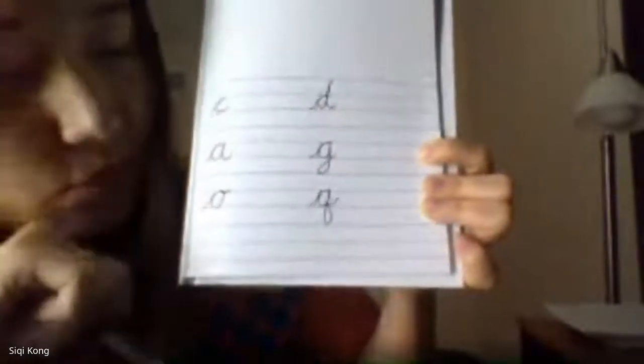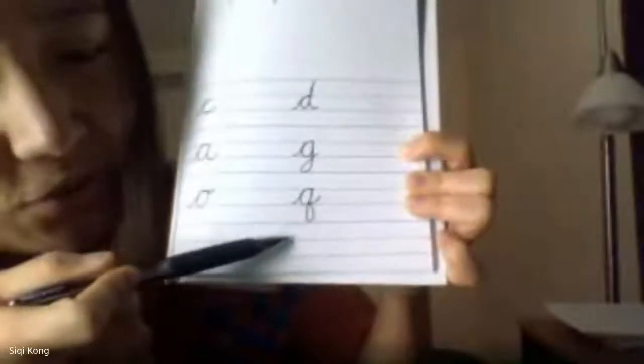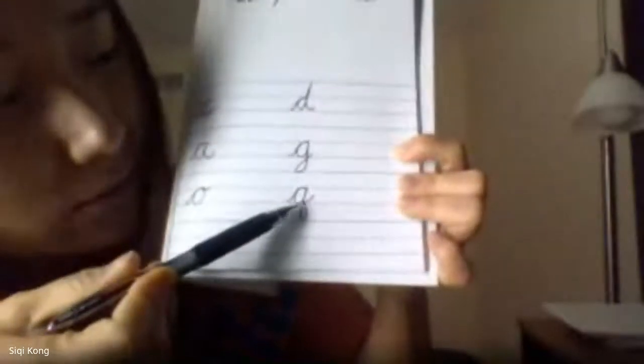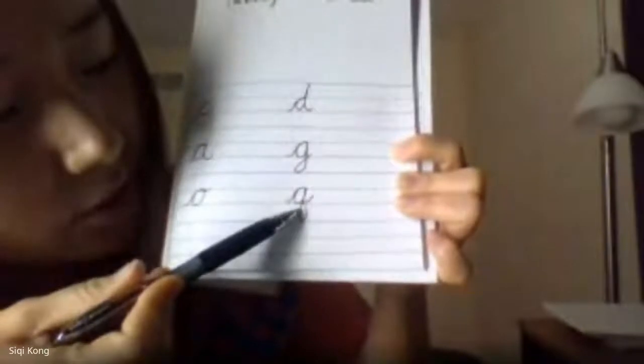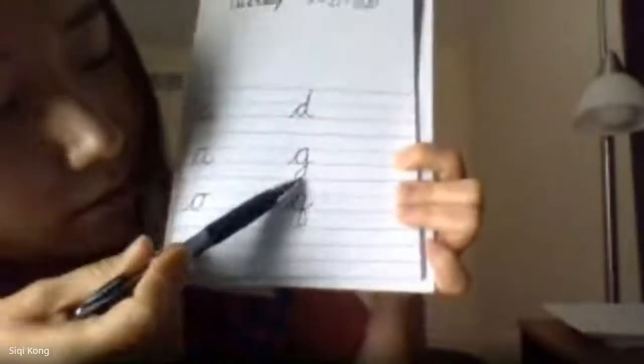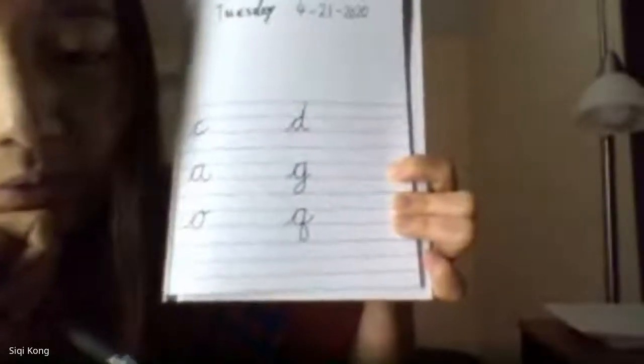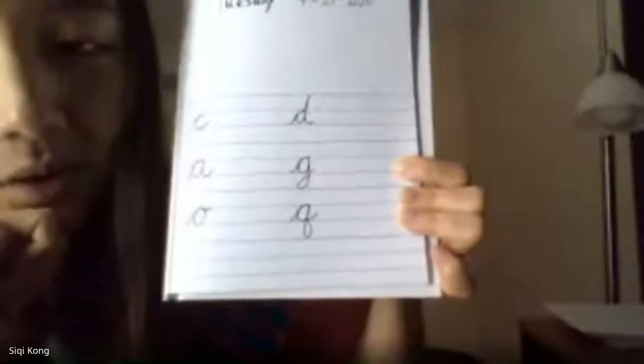This is Quincy's story. Letter Q has a long leg too, right? The only difference from the G is it turns the other way instead of this way. I have a letter Q in my name, so I have to practice this one a lot.